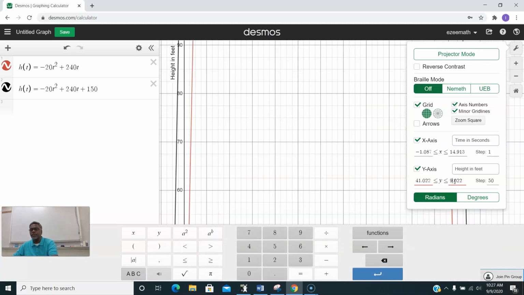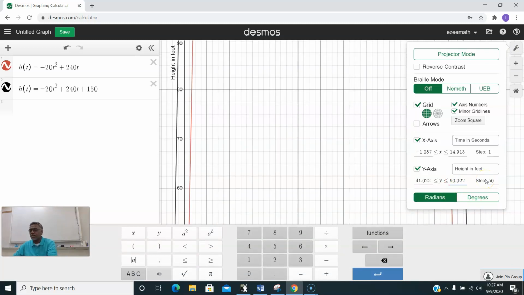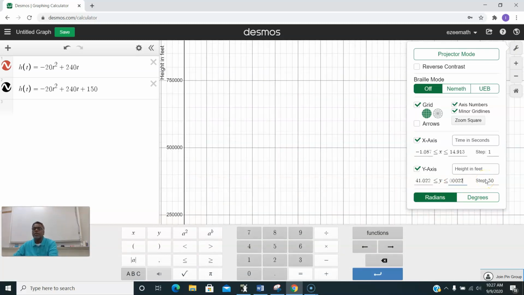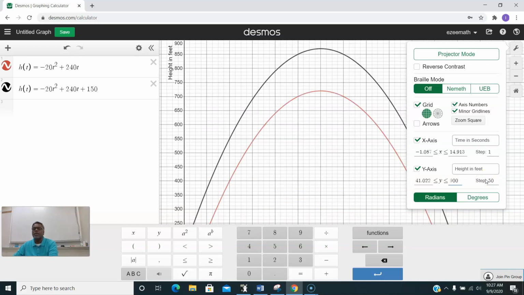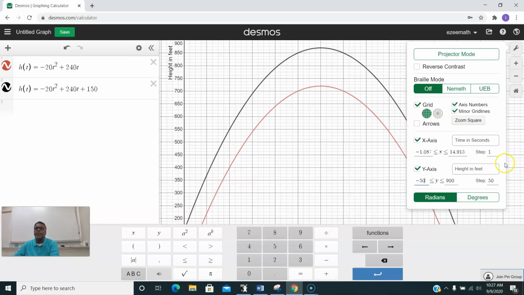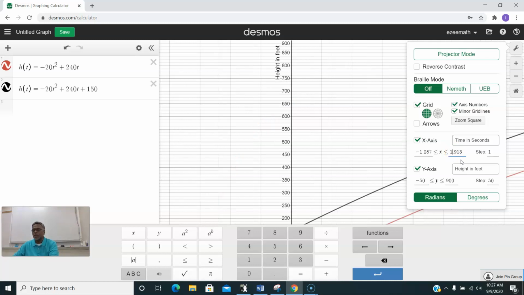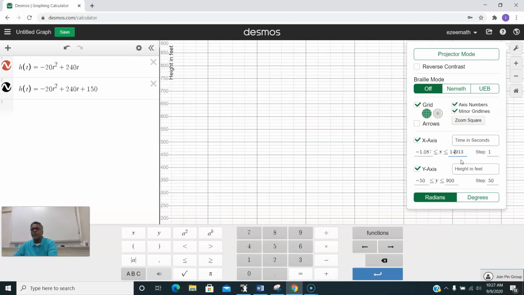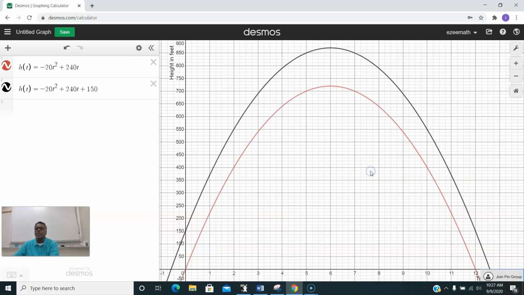This is 900, right? This is negative 50, and x value 13 or 14 we had, I think. Okay, this is the one.